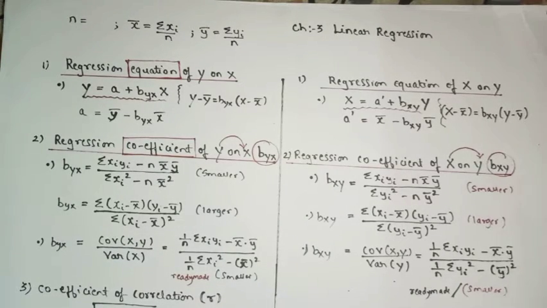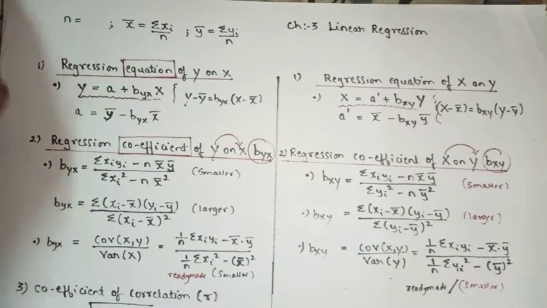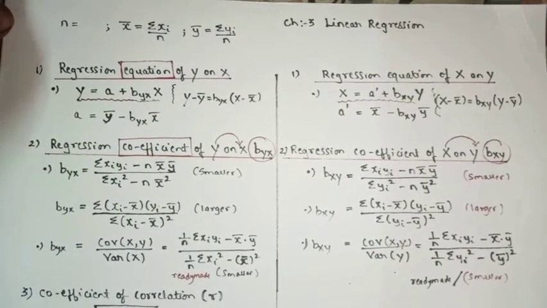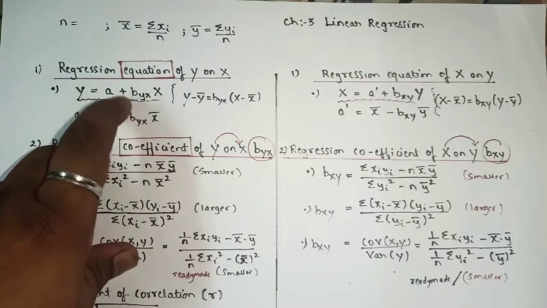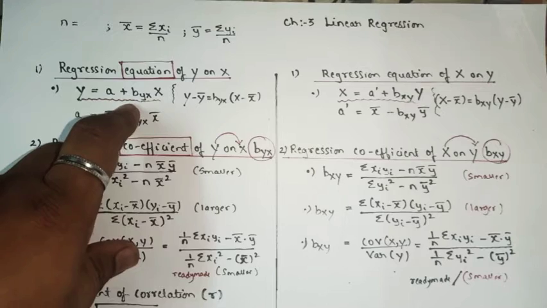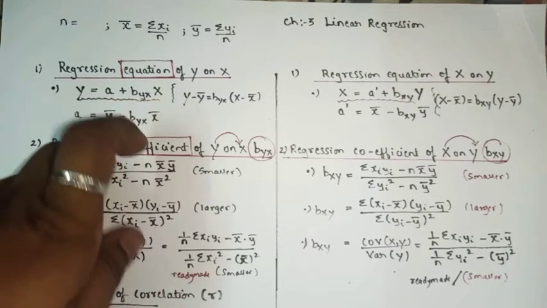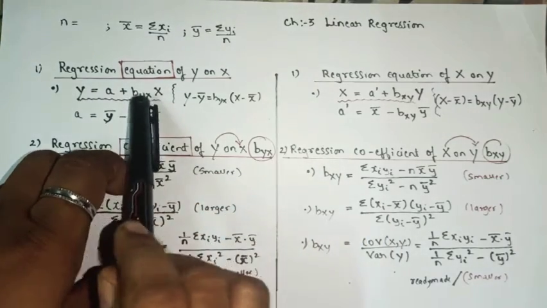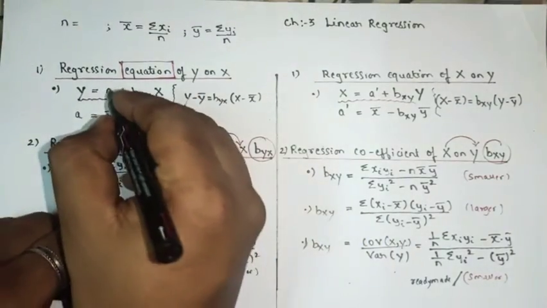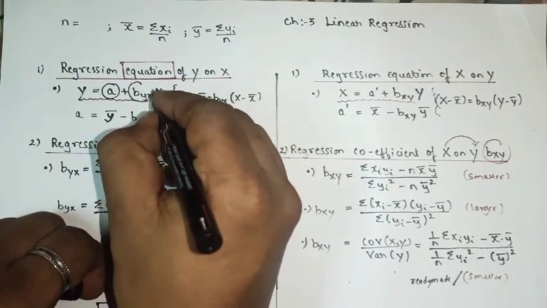Then we saw how to find x mean, y mean and the value of n from the given question, and this is the main section. In the second last step you will write the formula and substitute the values of a and byx. First you will find a, and next you will find byx.